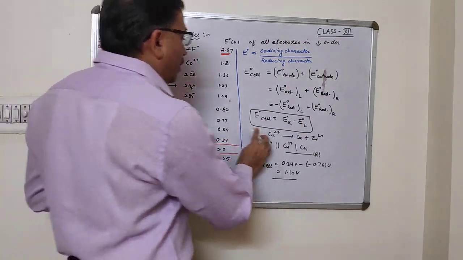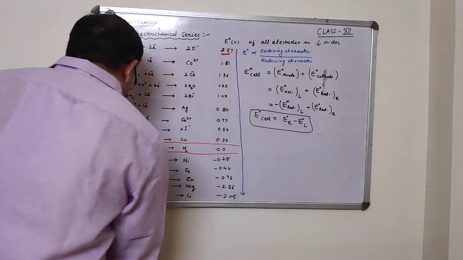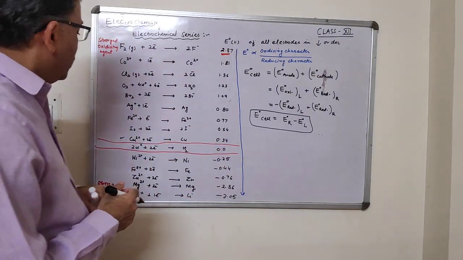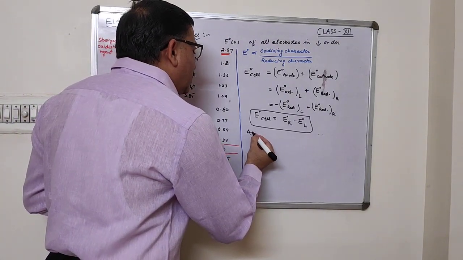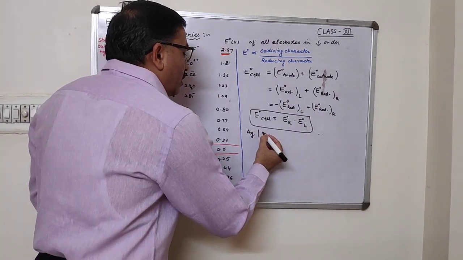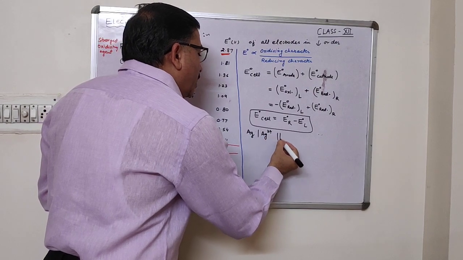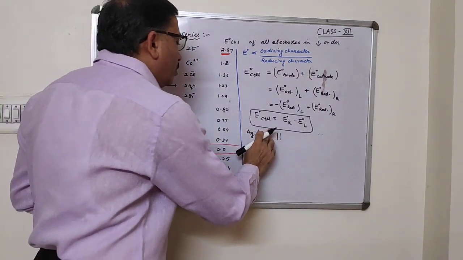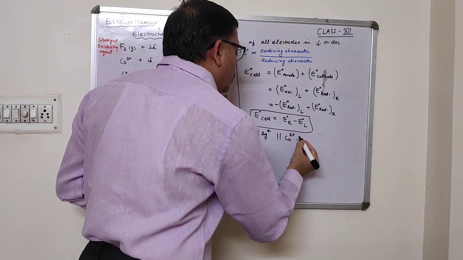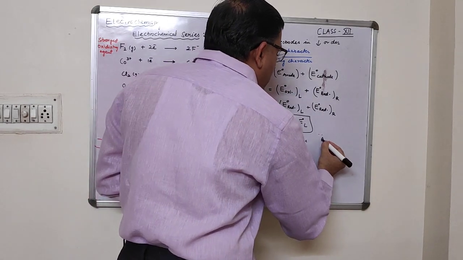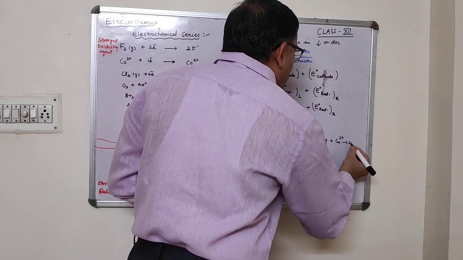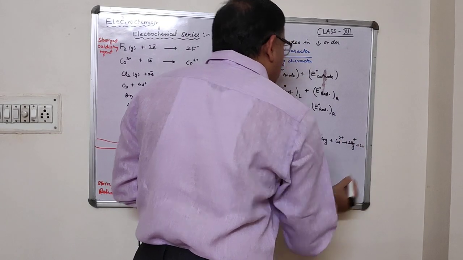Let us take one case so we can easily understand. If I make a copper silver cell, say I am taking silver as anode just for reference, and I am taking cathode of copper, means the cell is constructed like this, twice Ag plus Cu2 plus gives twice Ag plus Cu.